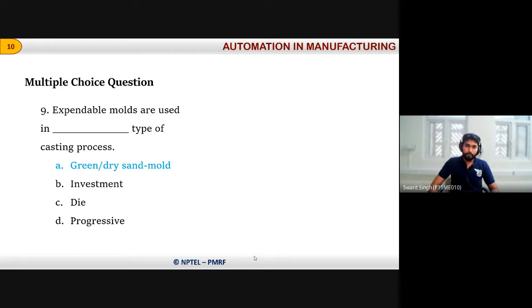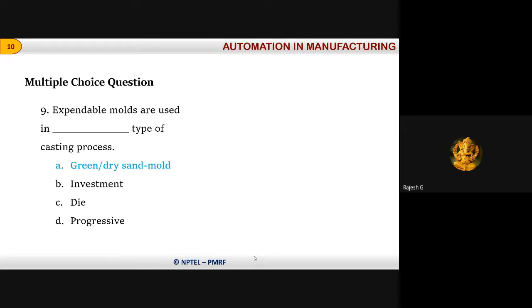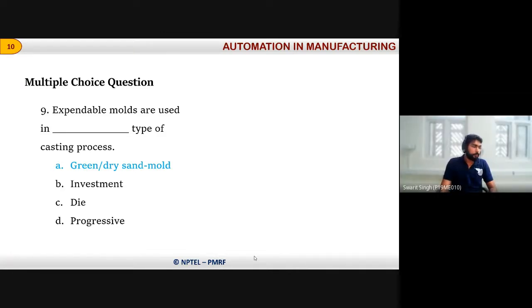Those kinds of molds are expandable molds. So can somebody say what is a permanent mold, and in which type of casting process we use permanent molds? Anyone? Option C, sir, die molding. Yes. So die casting is a type of casting operation where we use permanent molds.